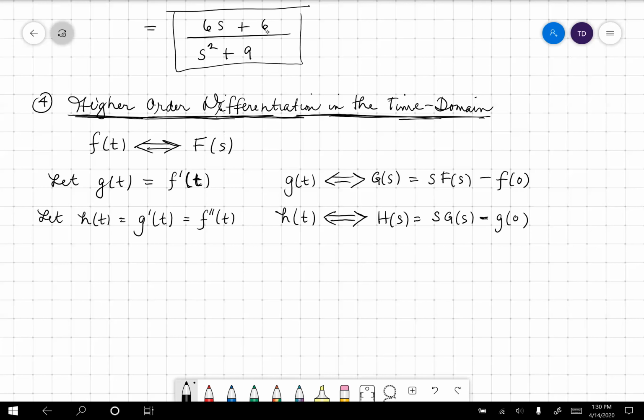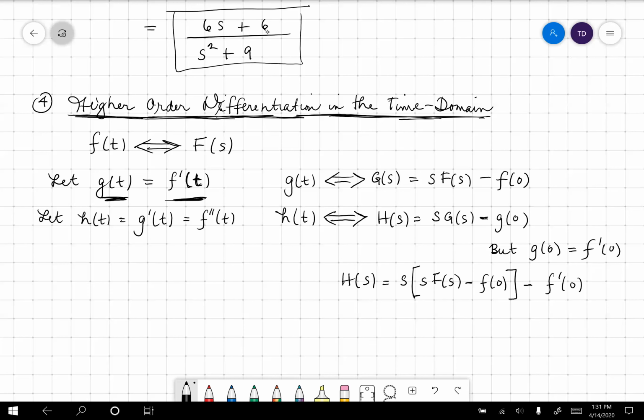But g at 0, don't forget, g at 0 is equal to f prime at 0. Right? Because g of t is f prime of t. G of 0, f prime at 0. So that tells us that h of s equals s times g of s: s, f of s, minus f at 0, minus f prime at 0.